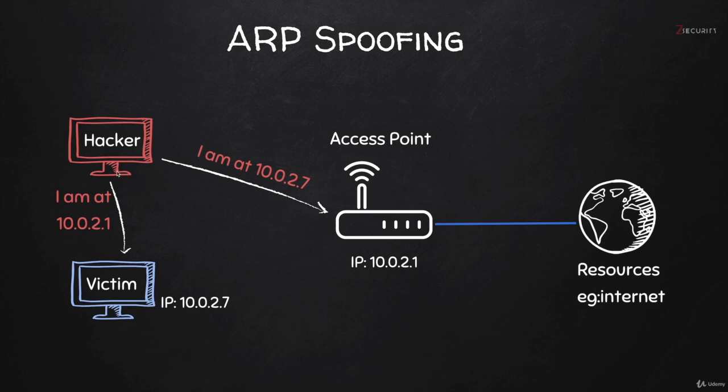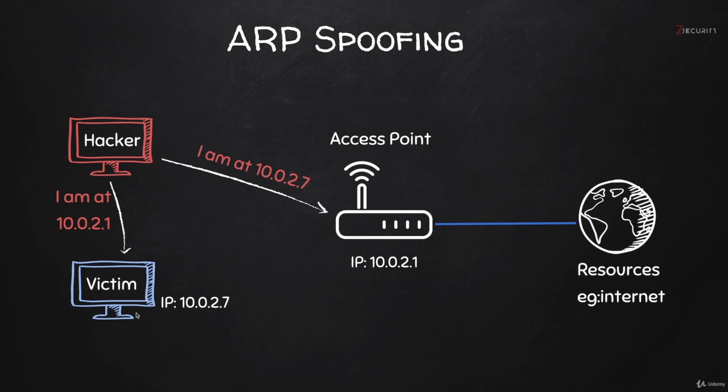We'll do the same with the victim, so we'll send it an ARP response. We're gonna tell it that I am at 10.0.2.1. So it's going to update its ARP table and associate the IP of 10.0.2.1 with my own MAC address.